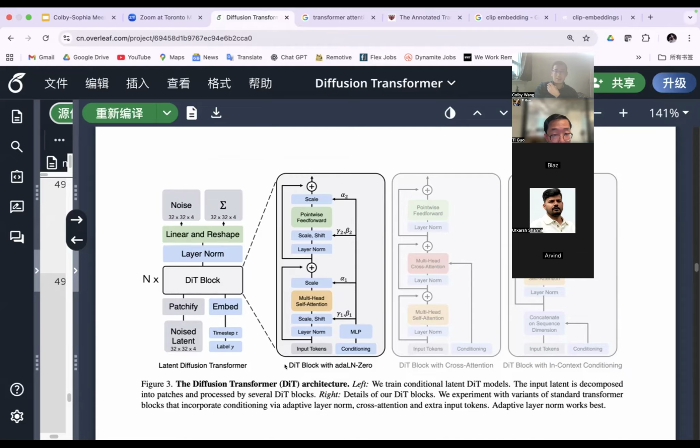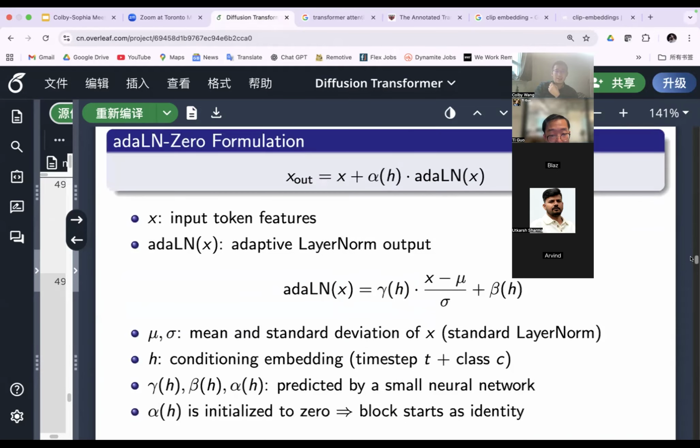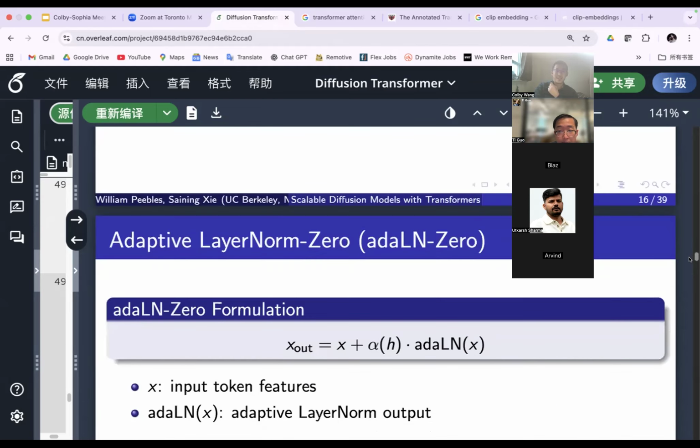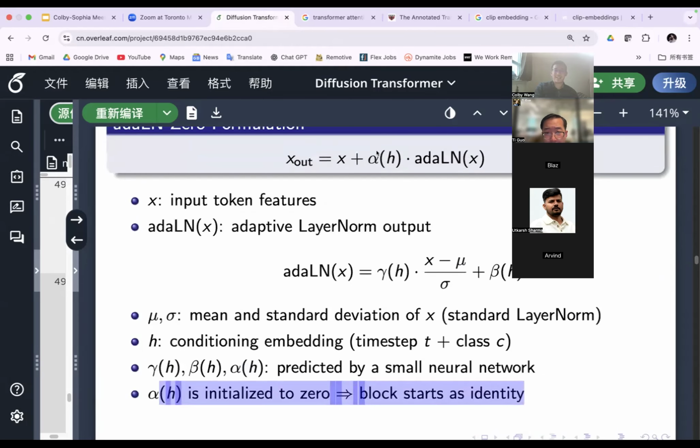And yeah, they find that the first way works the best, which is the adaptive layer norm 0. Another thing is that they find that if we initialize the alpha to output 0 initially, this somehow improves the training without mathematical justification. That's what they denote as adaLN-Zero.